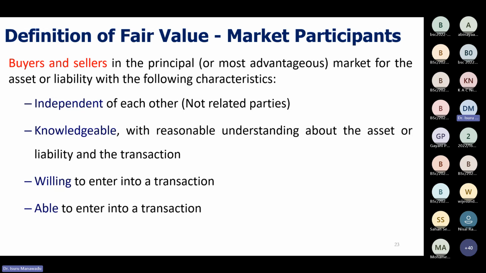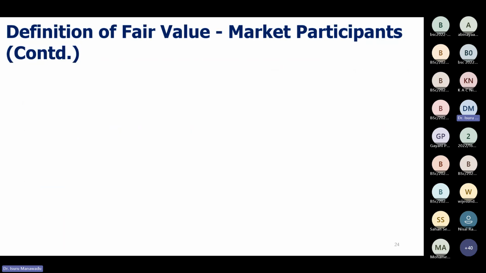If we are doing transactions with related parties, in most cases that transaction would not occur at fair value. Knowledgeable with reasonable understanding about the asset or liability and the transaction. Willing and able to enter into the transaction. So you can understand these features.